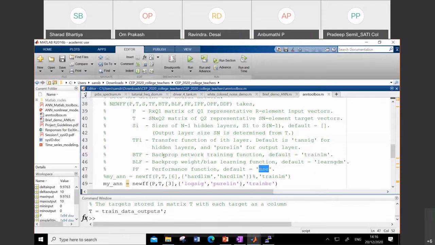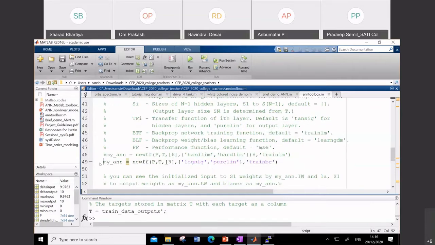Just using this, let's see what our neural network is. My ANN uses that X value in P, the Y value in T. I'm going to say that the number of nodes in the hidden layer is 3, so just one hidden layer. If I put 3, 4, it'll become 2 hidden layers. So very simple. Then I'm giving the transfer function.